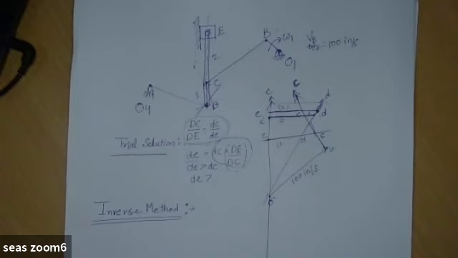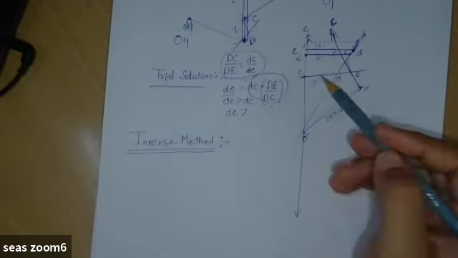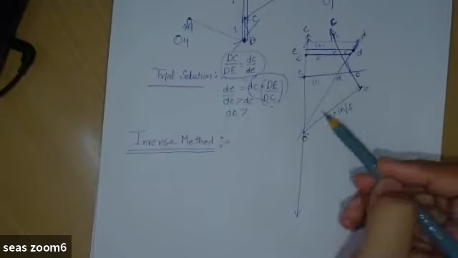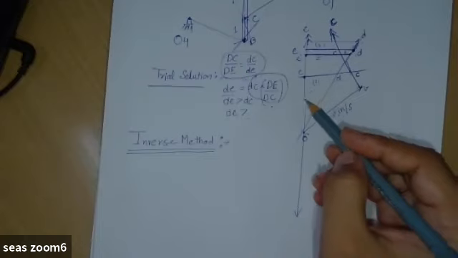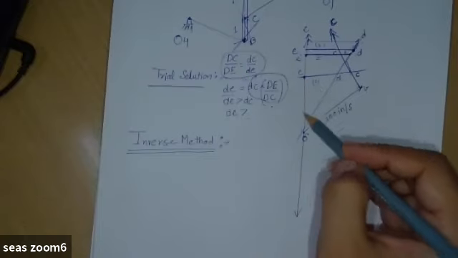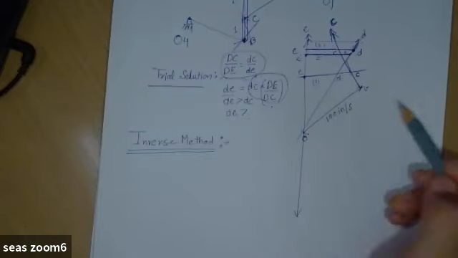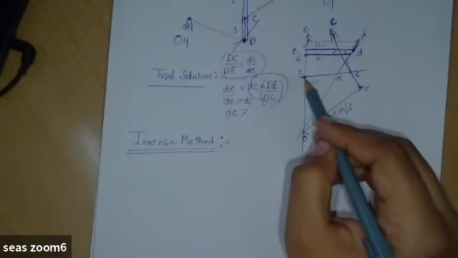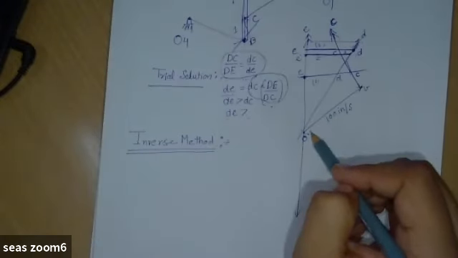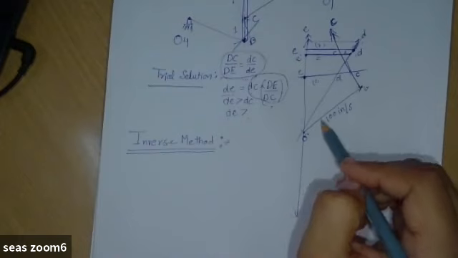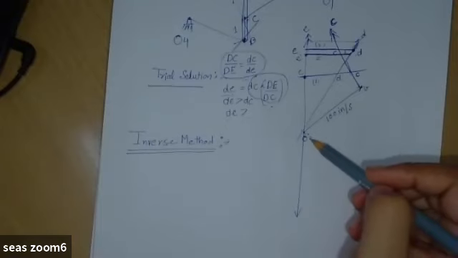So what we do in inverse, the point E, we don't know the point E, but let's say we know the point E, and OE is the correct answer. Now, you have taken any random dimension on this. We only know this OE.